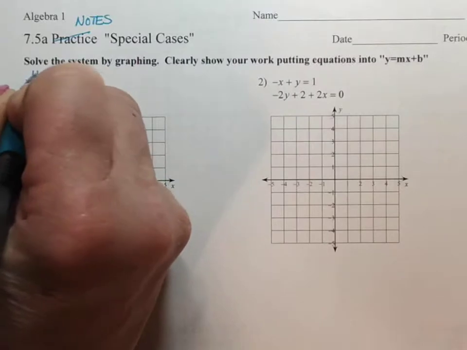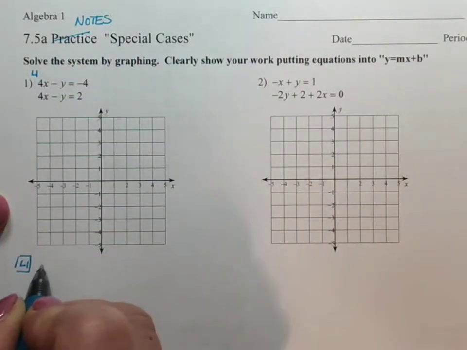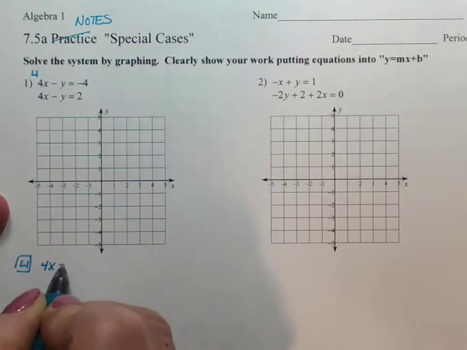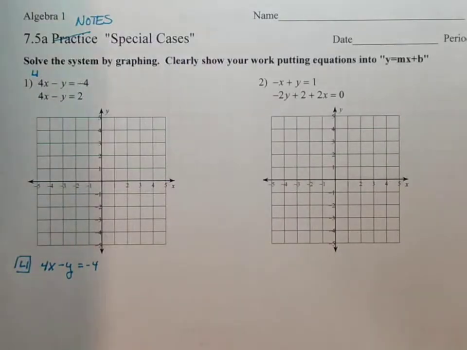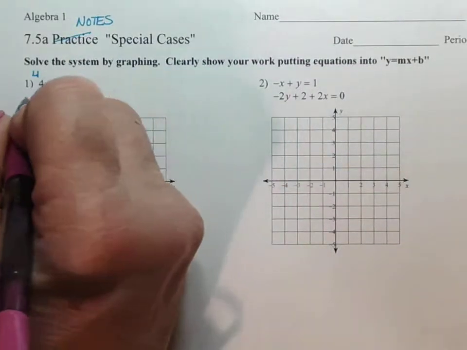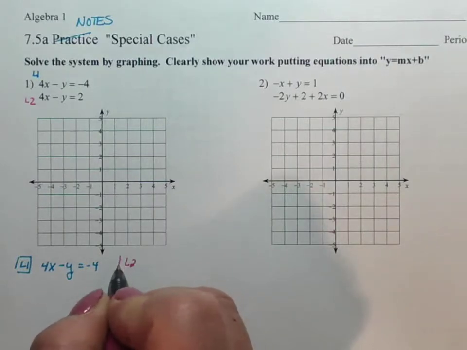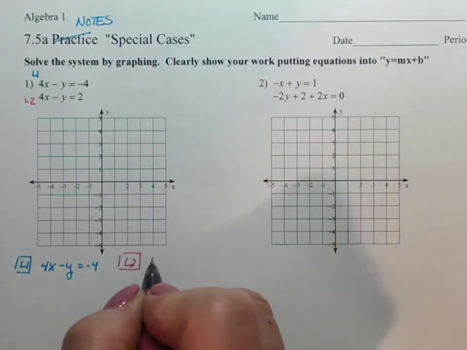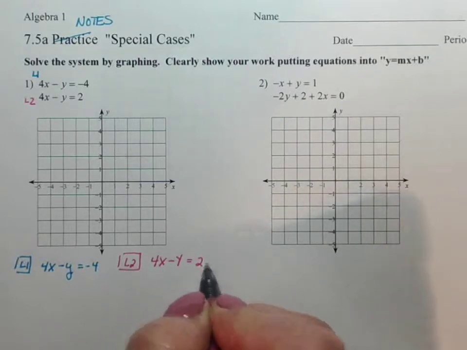So this one we're going to call line 1, and that's 4x minus y equals negative 4. And we're going to call this one line 2, which is 4x minus y equals 2.